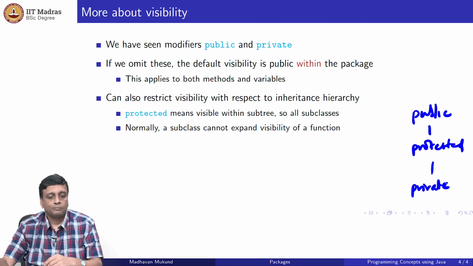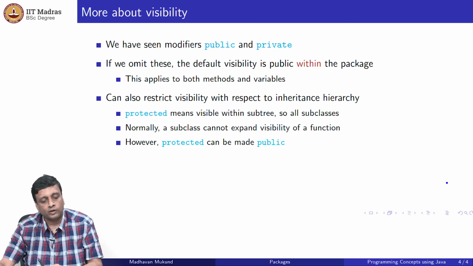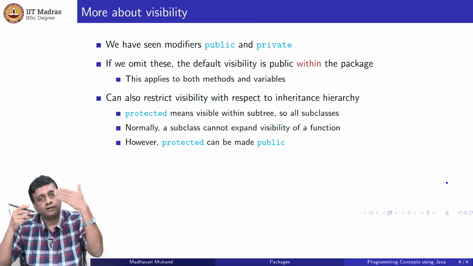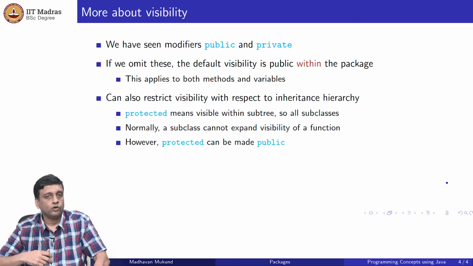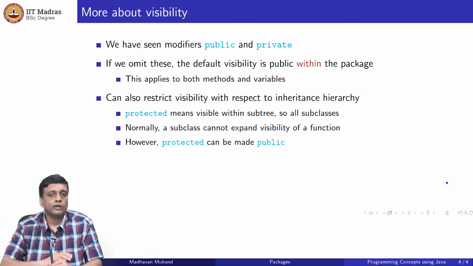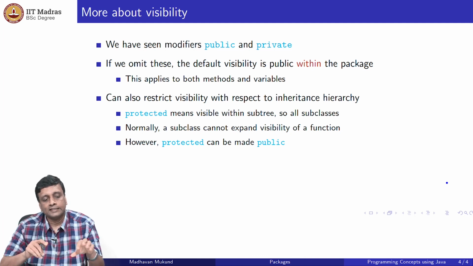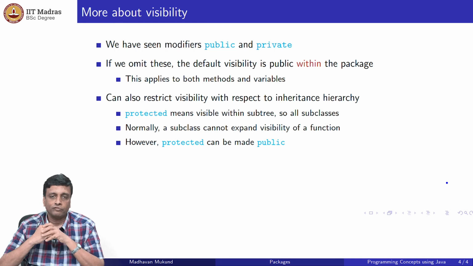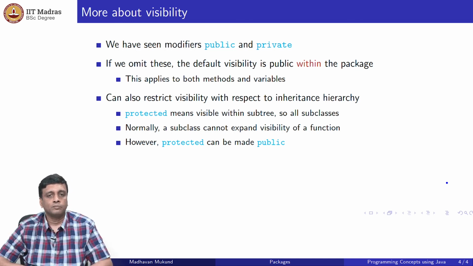But it turns out that you are allowed to make something that is protected in a higher class public in your class, okay, and this will be used later on when we talk about cloning, which is a way of copying one object to another object. So, this is a small digression which is not directly about packages, but it is connected in a sense, because packages give us a visibility through this lack of a modifier, but we now have this new modifier called protected, which tells us about visibility within an instance hierarchy of a class.